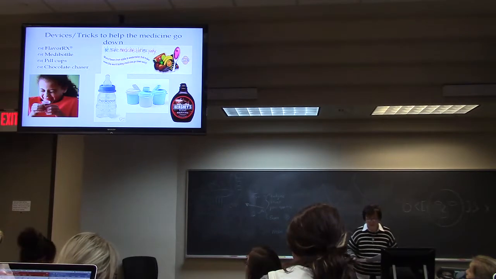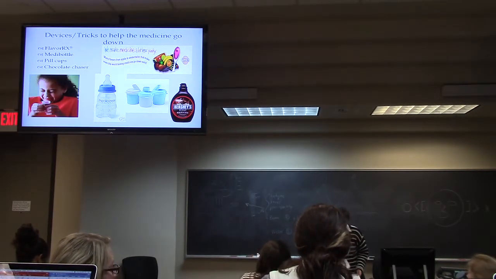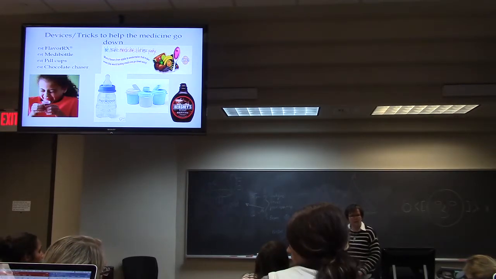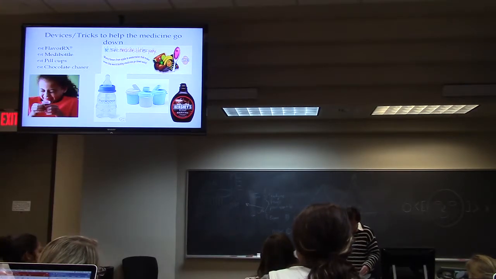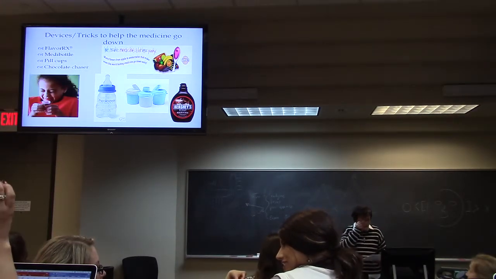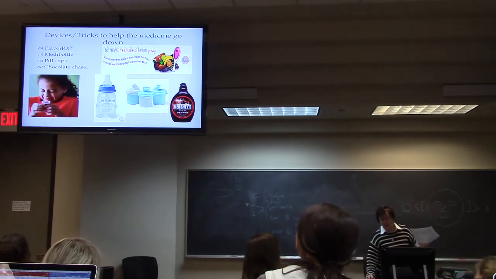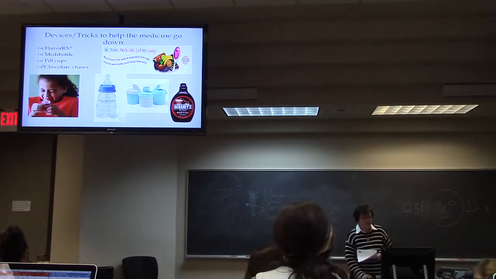So I'm going back, this is a slide that I had for you when we talked about pediatrics. Just palatability, remembering how to make the medicine go down. Did y'all see Mary Poppins when you were kids? Did you? So you know the little song. Okay, so the chocolate chaser before and after is really good to coat that tongue.